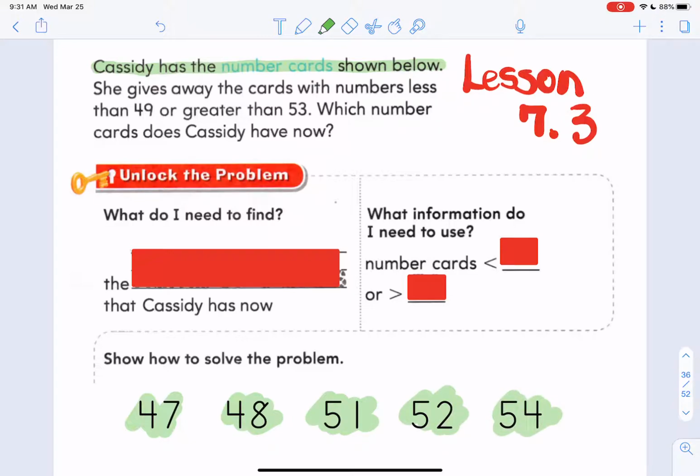Okay? Let's go back to the problem. Cassidy has those number cards. And then the problem continues. She gives away the cards with numbers less than 49 or greater than 53. Which number cards does Cassidy have now?